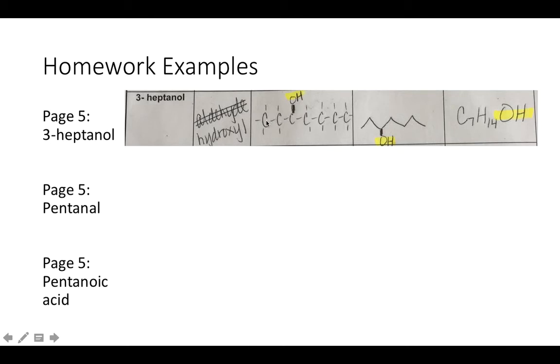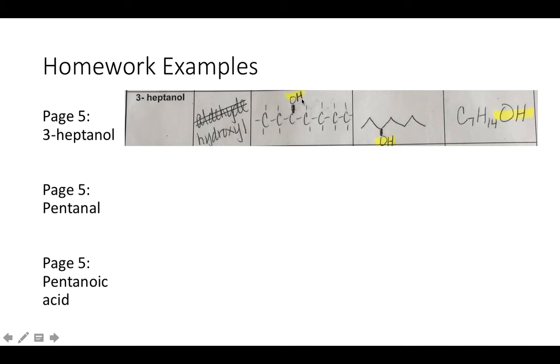So here it is. Here's heptane, right? 1, 2, 3, 4, 5, 6, 7. Hept. Okay, that's what the prefix hept means, 7. So C7. They're all saturated with hydrogens except for number 3 has a group. There it is, OH.